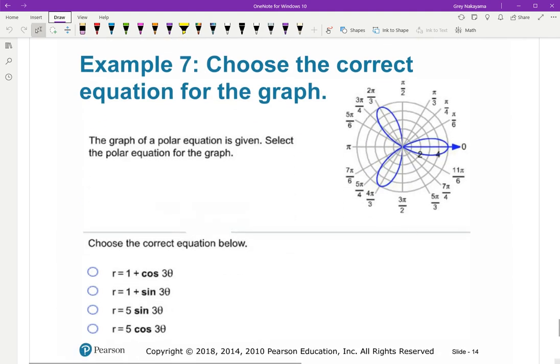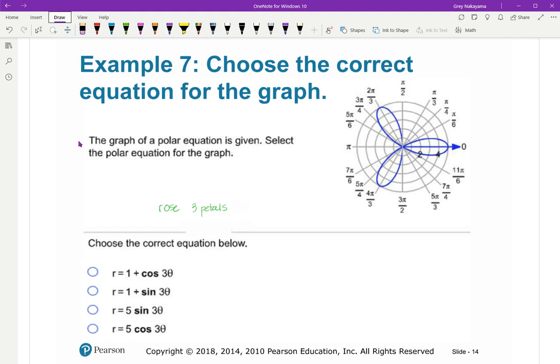Okay? Last one. We have a rose, okay? And the equation for my rose, I know that it starts on the x-axis, which means it's going to have cosine.